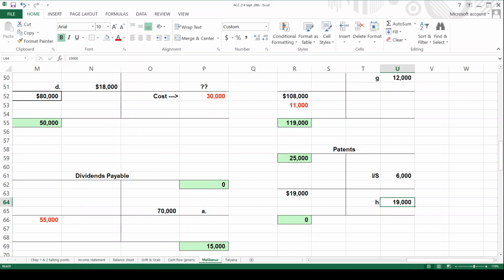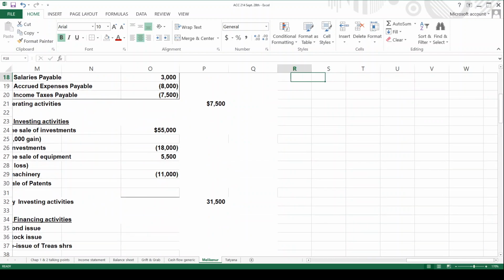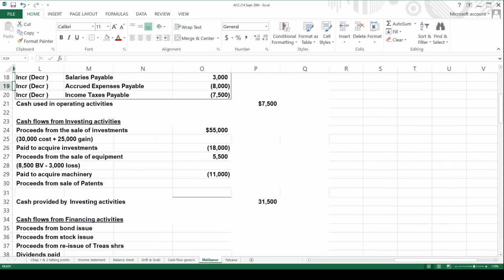Did we sell them for exactly $19,000? You say no. That would take all the fun out of the problem, right? So we're going to take that $19,000 cost, which we had to do a little detective work to find, and add gain or deduct loss. And in this case, that's going to be add, I believe that's $18,000 gain.